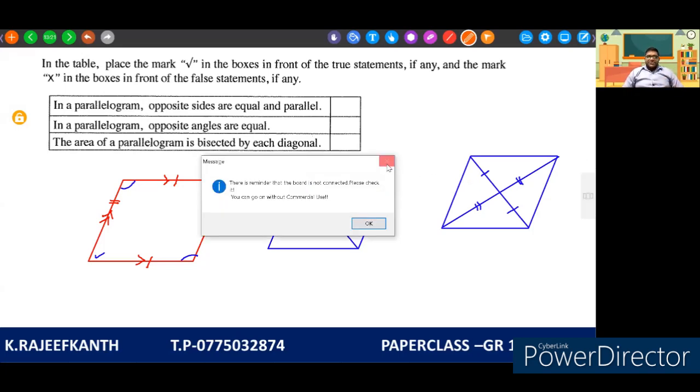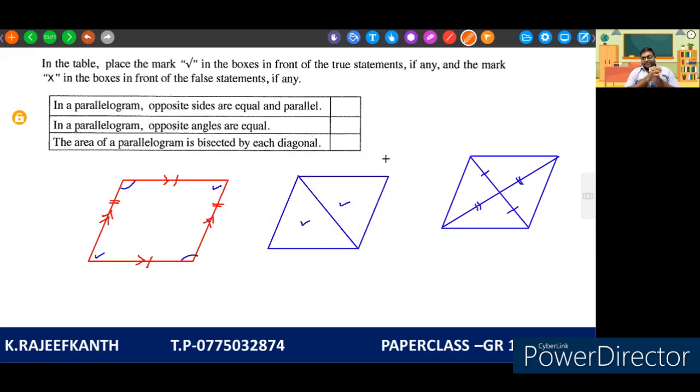So first we should know what a parallelogram is. If in a quadrilateral, two pairs of opposite sides are parallel, then that quadrilateral is a parallelogram. In a parallelogram, opposite sides are equal and opposite angles are equal. Diagonals bisect the area and diagonals bisect each other.